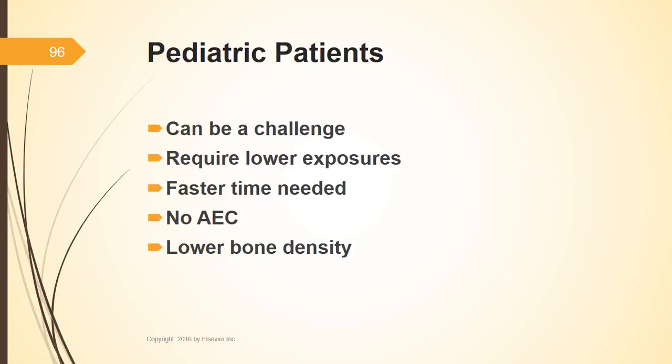An adult skull technique is used for pediatric patients 6 years of age and older because the bone density has already developed. However, the rest of the body of that pediatric patient probably has not developed as much calcium. So it's recommended that a radiographer decrease your KV by at least 15% to compensate for lack of bone density.